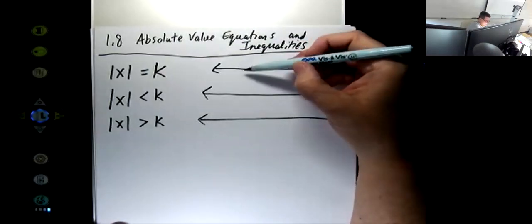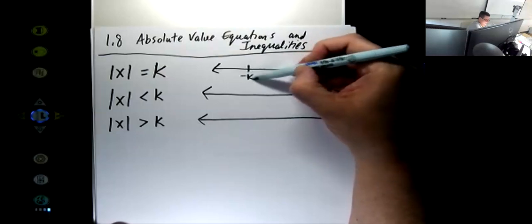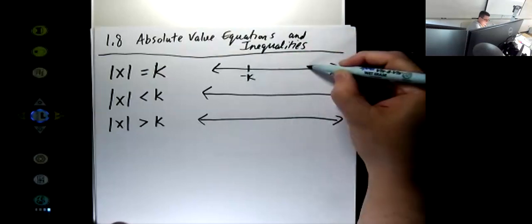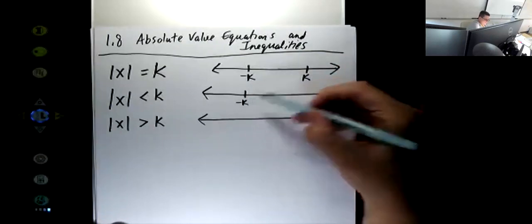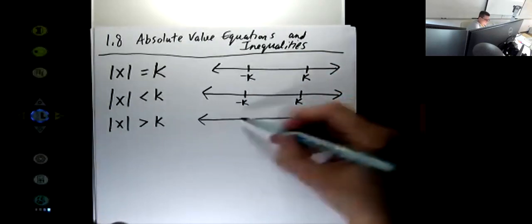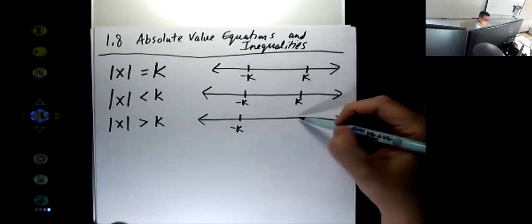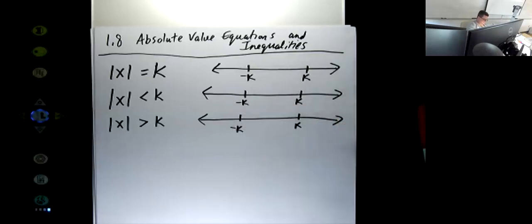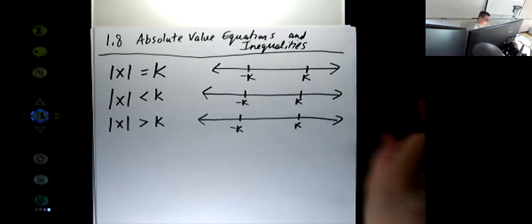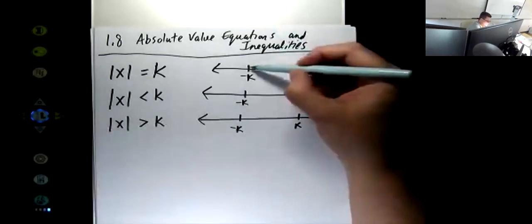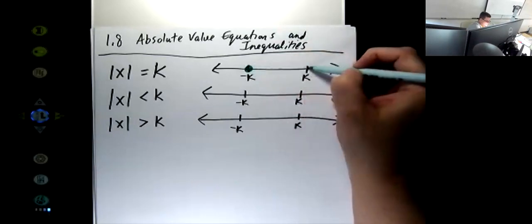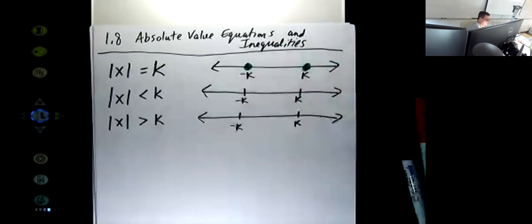If I stick in k or negative k, I solve the first equation. In fact, those are the critical points for all of these right here. Here, x equals k is only these 2 points. We don't do any shading, there's no arrows, it's just those 2 points.